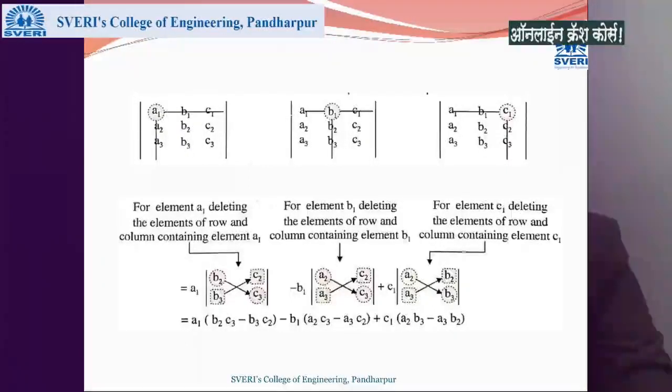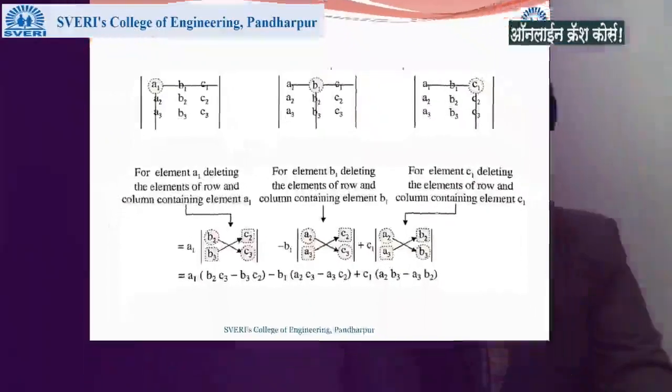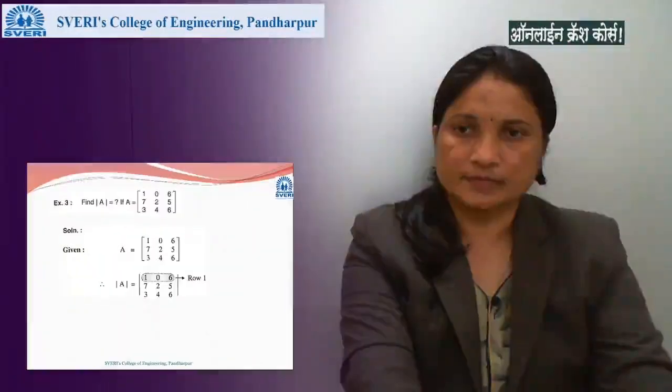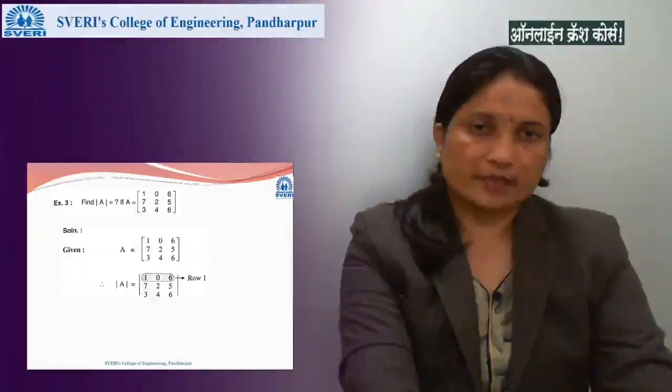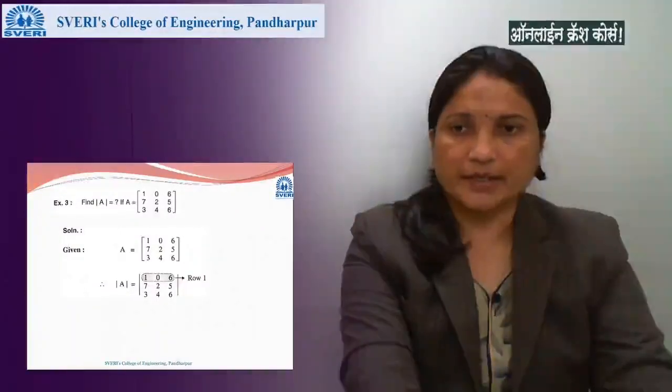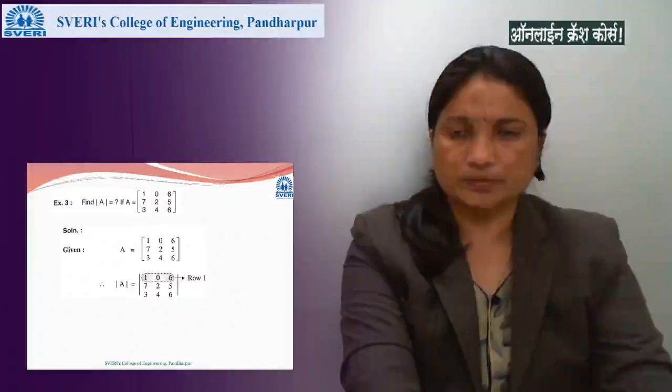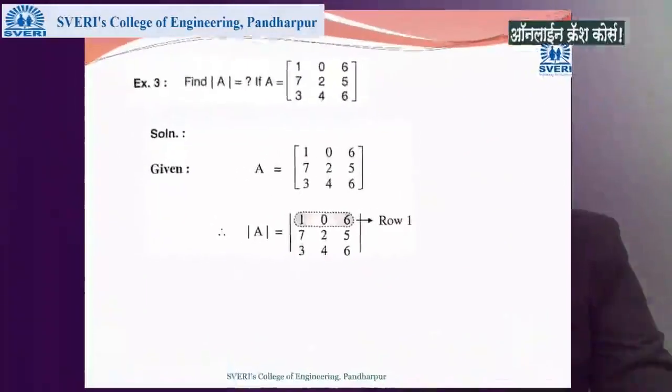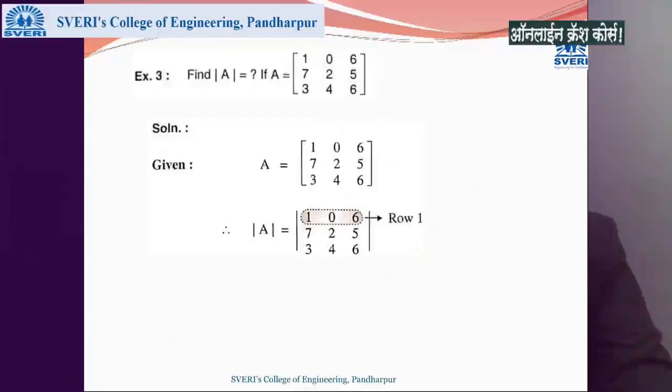This gives the determinant of any matrix. Let us take a simple example. Find the determinant of A, if A is a matrix with elements 1 0 6, 7 2 5, 3 4 6.